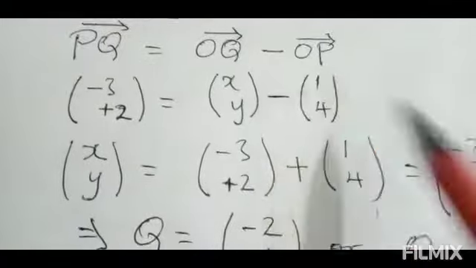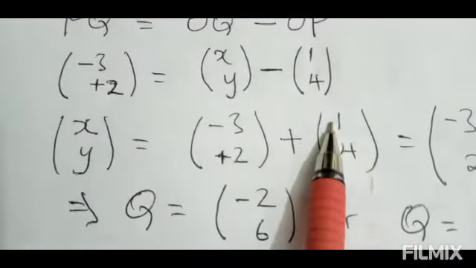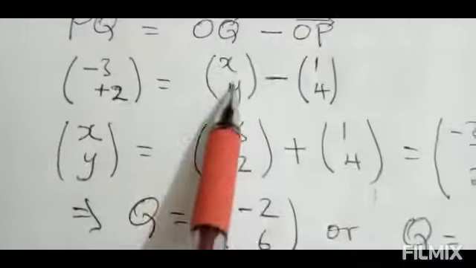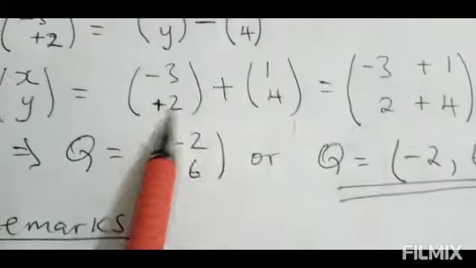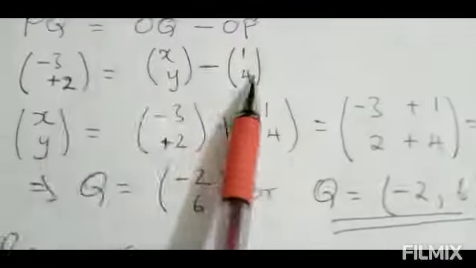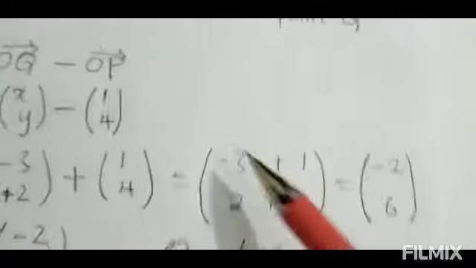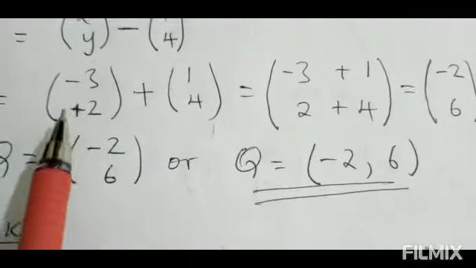So I take this to this side, it becomes positive, and I'm just going to remain with Q, which is x comma y. So x comma y is equal to minus 3 comma 2 plus 1 comma 4, okay. When adding vectors, you add x and x, then y and y.